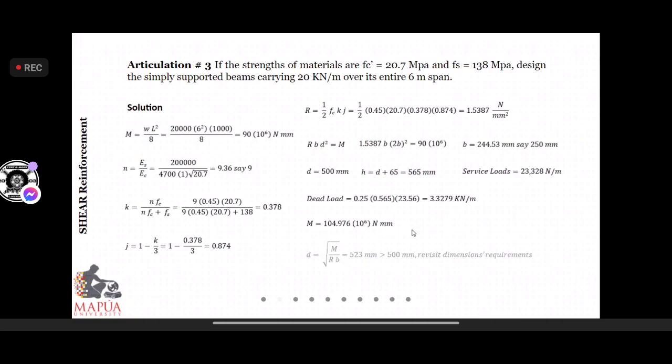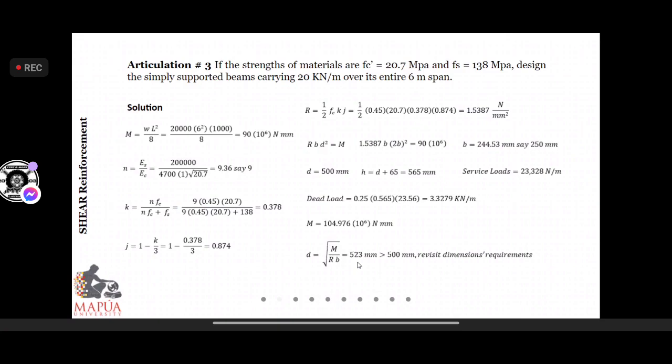Then we compute for the supplied effective depth. We check whether the supplied effective depth will be sufficient enough to hold this service moment. So in this case, with the computed moment, and this is constant, the moment resistance coefficient, and the B depends on the magnitude of the computed value here.